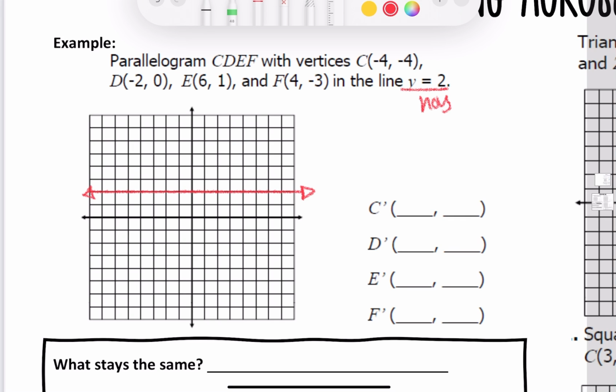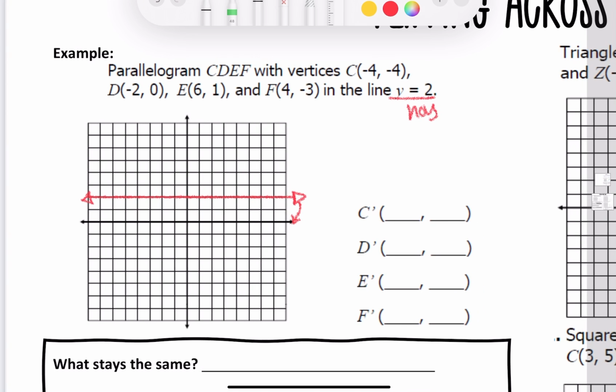So why don't we move everything down? You're going to take that number away from the y. So we originally had -4, -4, -2, 0, 6, 1, and 4, -3.